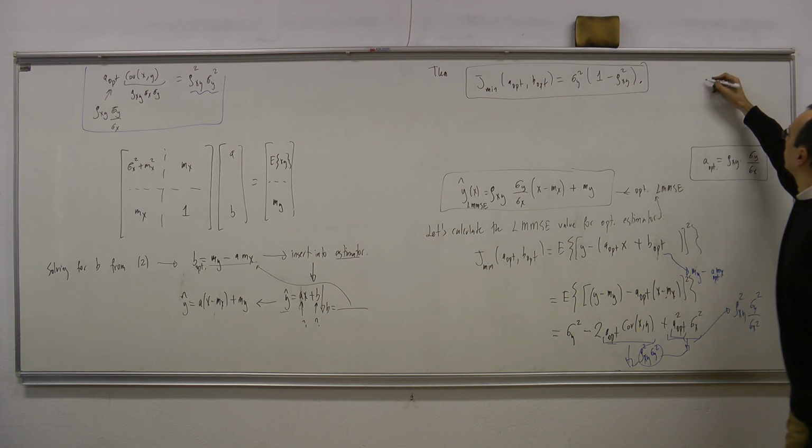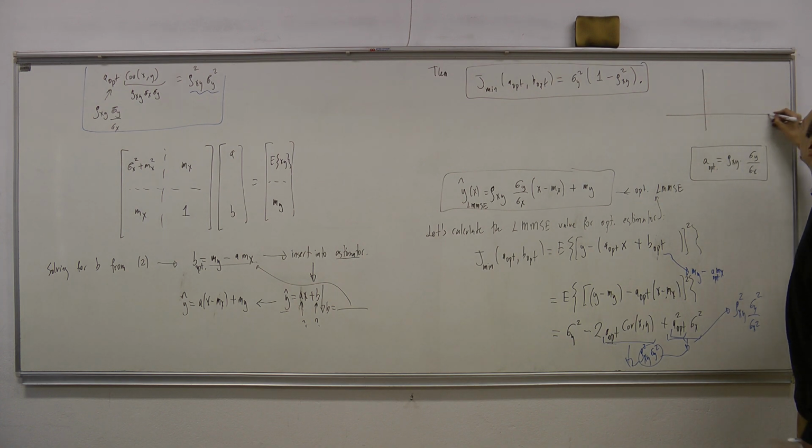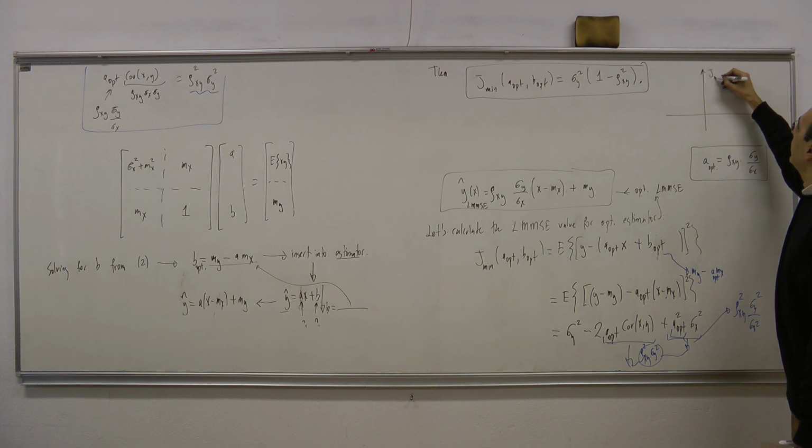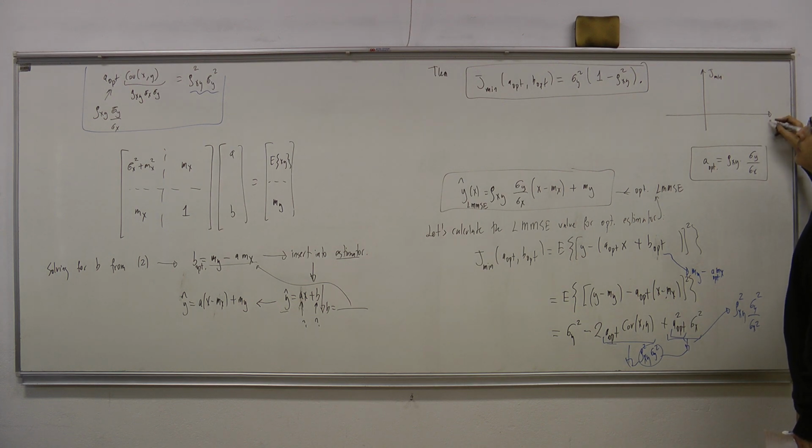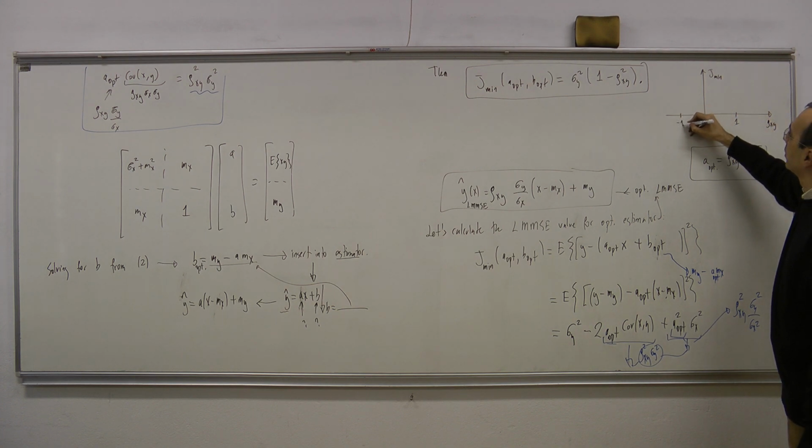Well, let me also sketch this. What do I mean by sketching this? This is my minimum error as a function of the correlation coefficient, rho_xy. Actually, you have seen this sketch earlier.